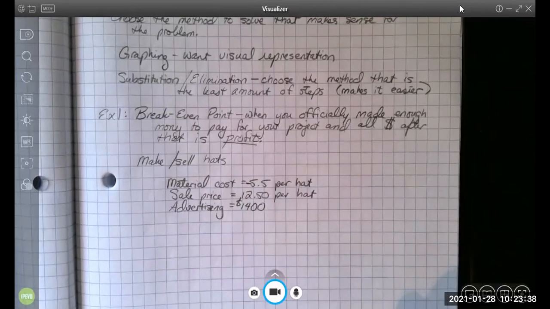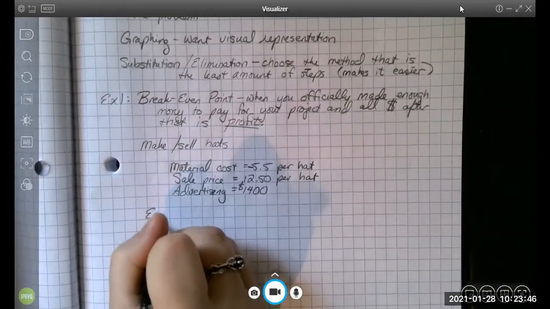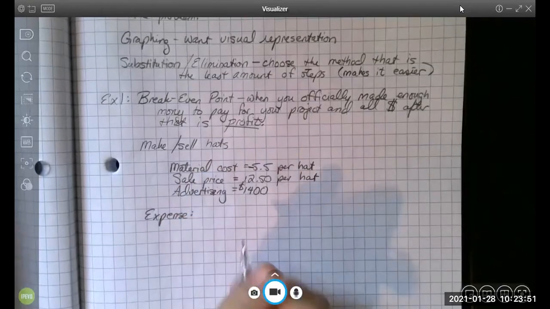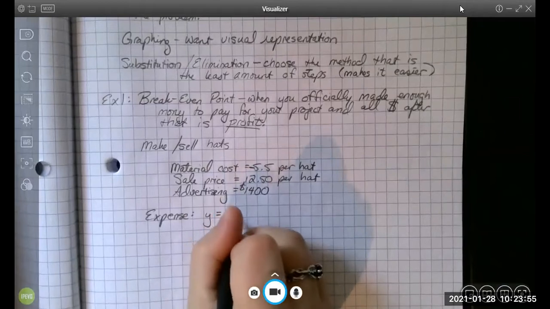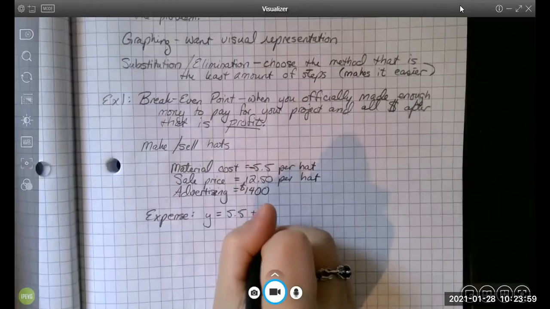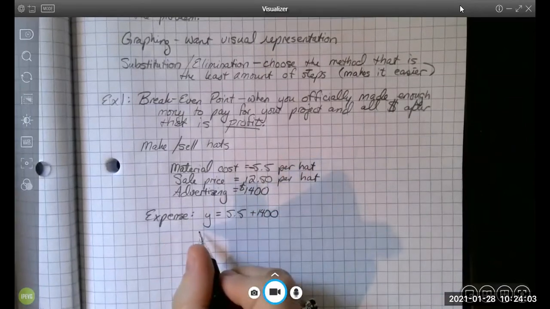So it wants to know what's the break-even point. So the first thing we're going to do is break this out into expense and income. So the cost of it, the expense, is going to be Y equals 5.5x plus 1,400. So this is how much it's all going to cost.